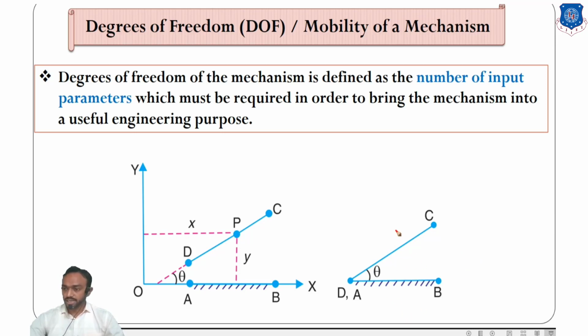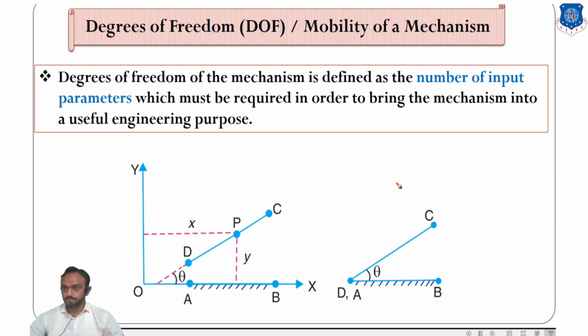Now this link can only rotate with respect to this point, at theta. So n is equal to 1 for this link now. Remember that any link which is free in a space has degree of freedom 3, but when it is connected to another link, it decreases to 1.